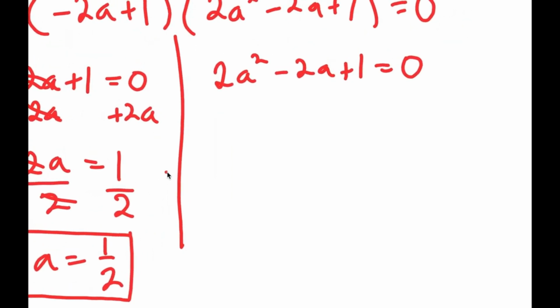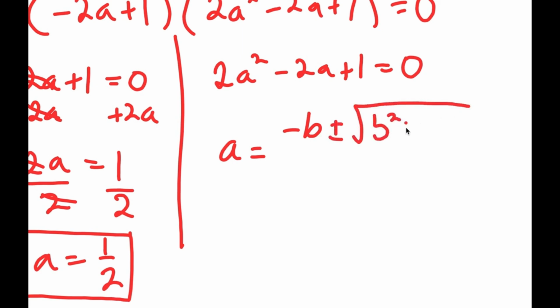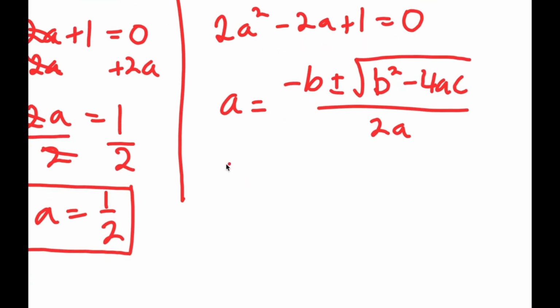Now, for 2a squared minus 2a plus 1, what I'm going to be using to solve this is the quadratic formula, because this is a quadratic equation. So the quadratic formula is negative b plus or minus the square root of b squared minus 4ac all over 2a. And in this case, a is 2, b is negative 2, and c is 1.